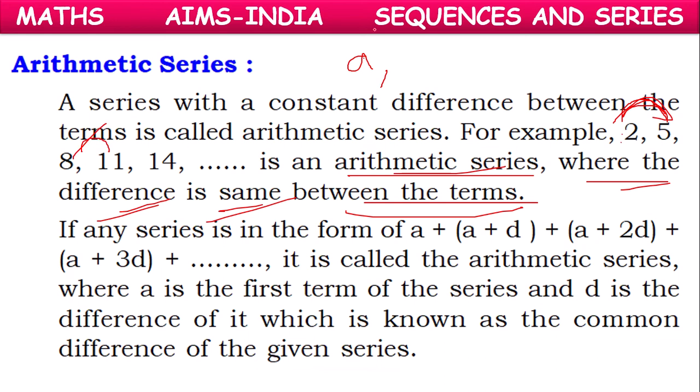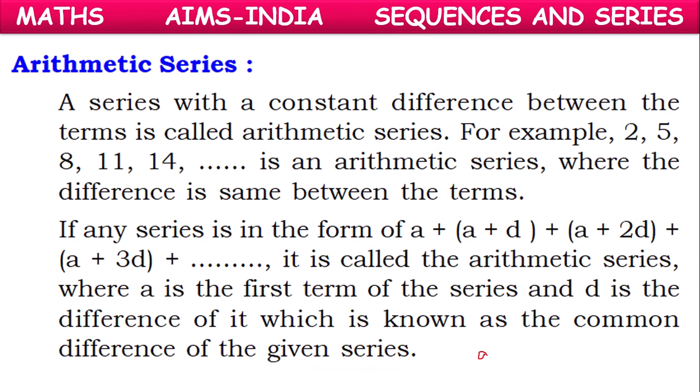The common difference, we denote it as D. If the first term is A and common difference is D, then what about the second term? If the first term is 2, common difference is 3, how are we getting the second term? 2 plus 3 equal to 5. So the second term will be A plus D.